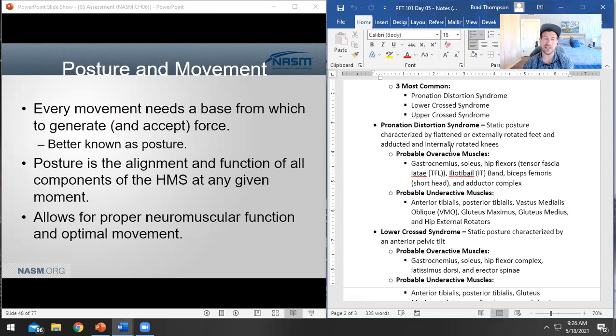Every movement needs a base of support from which it is either generating force or accepting force, either concentrically or eccentrically moving, right? That is basically what your posture is. A good way to think about it is the alignment and the function of all of the components of your kinetic chain at any given moment. So we want the kinetic chain to rest in neutral positions.